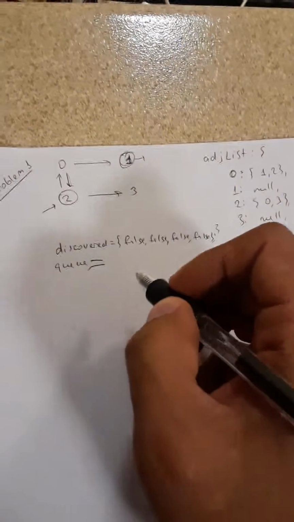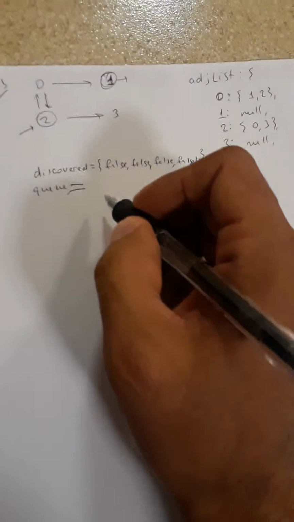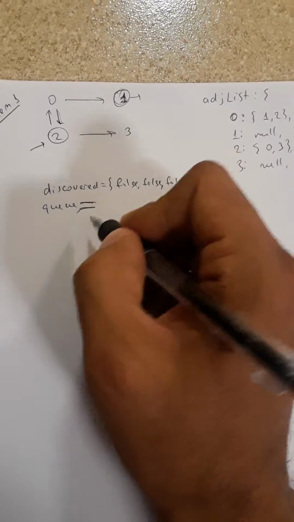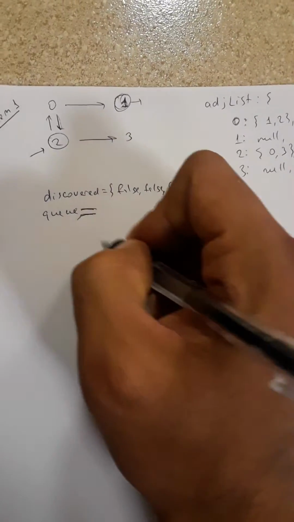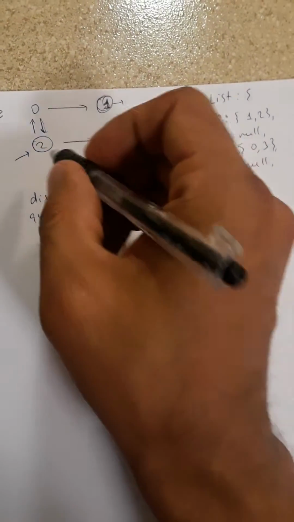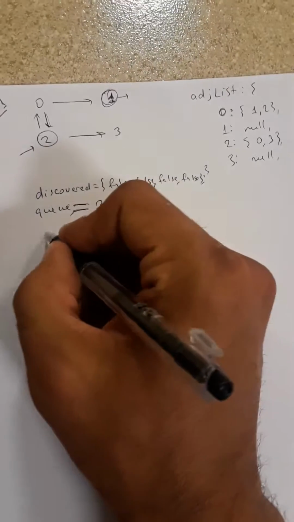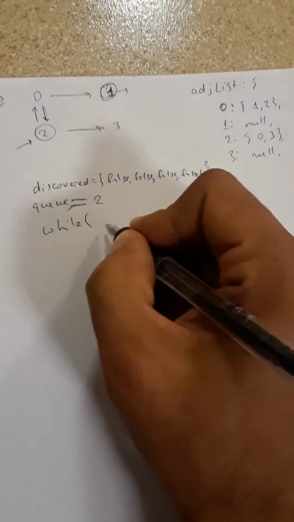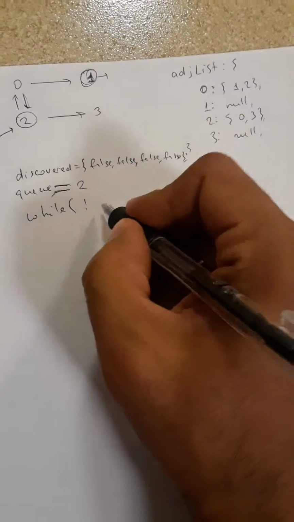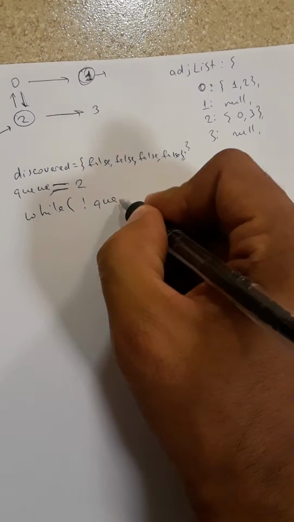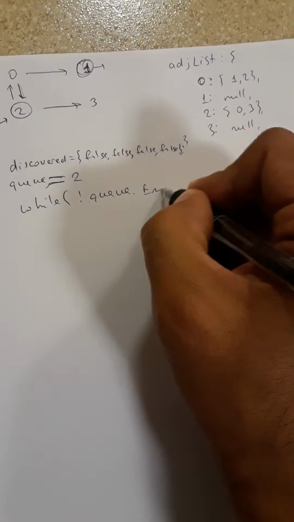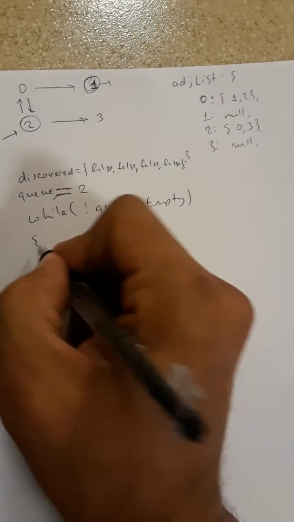So let's start writing our code, not exactly code but the logic of how we will try to find the path between two edges. Starting from 2, we'll store this 2 in our queue. Then we'll initialize our while loop, which will run until our queue is empty.